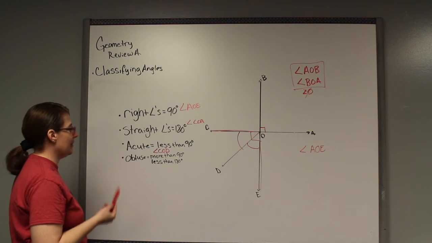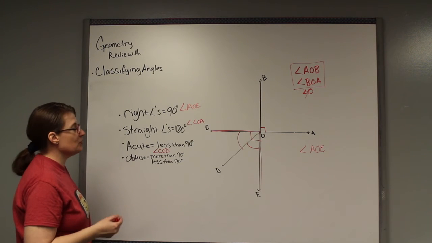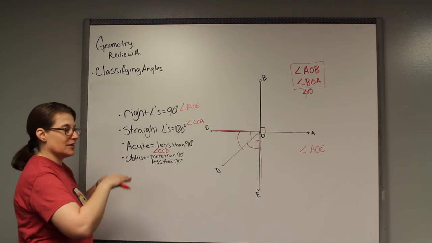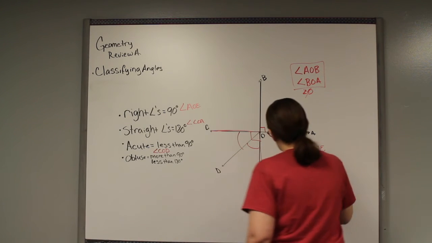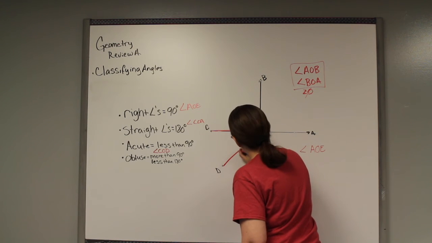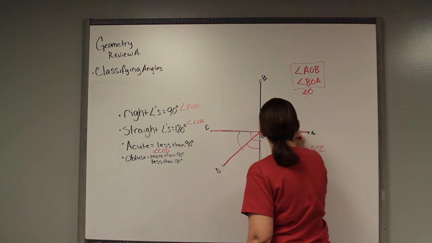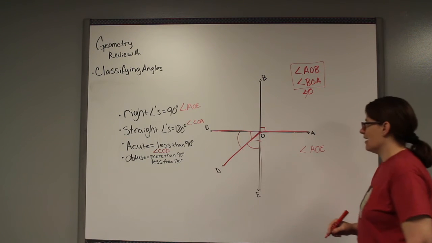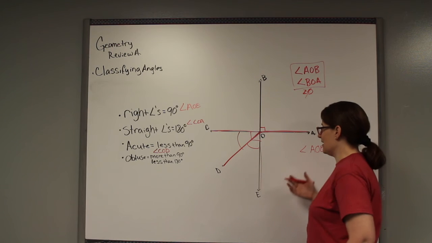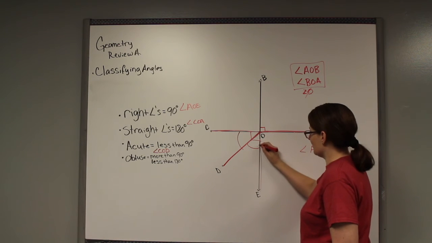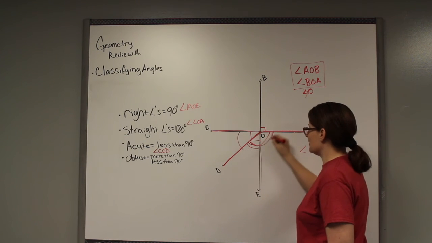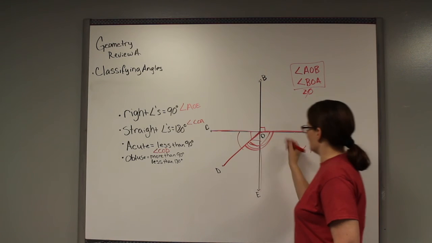All right, what about an obtuse angle? Obtuse is more than 90 but less than 180. You're not going to get a straight one. But if we look at this line to this line, that could be an obtuse. This point right here makes 90, and then we go past 90, but we don't get all the way back up to 180. So obtuse is a big angle, and we call that one DOA.